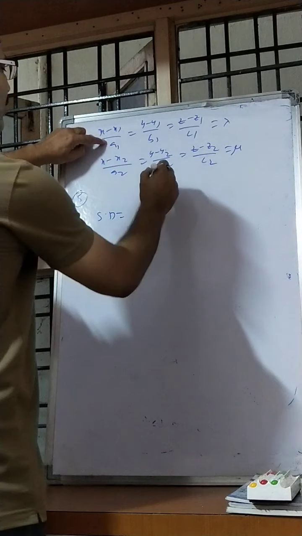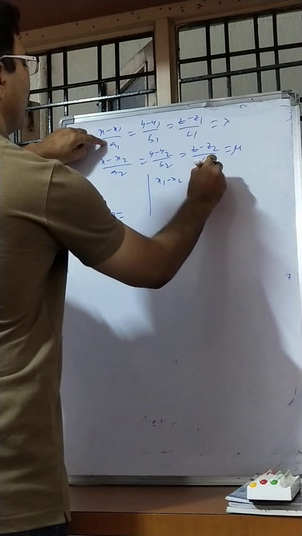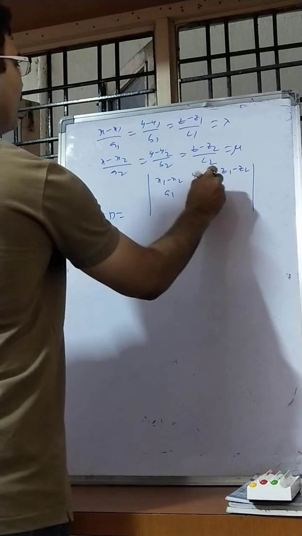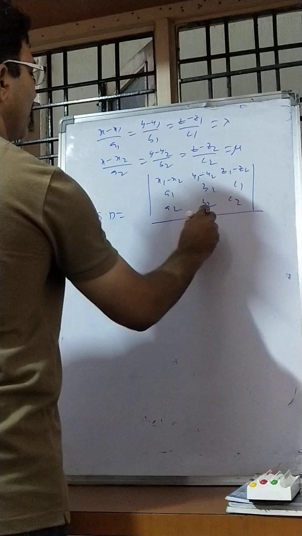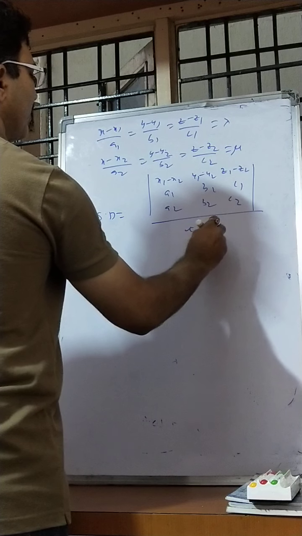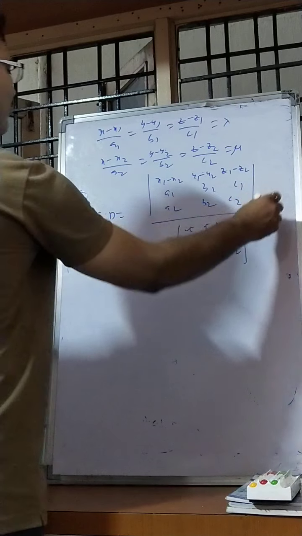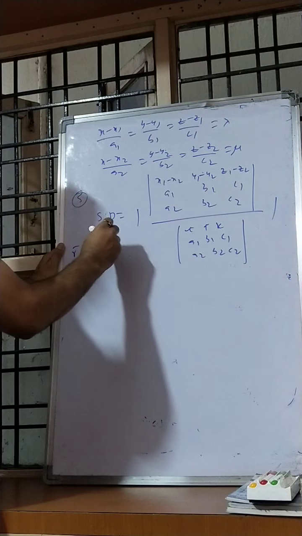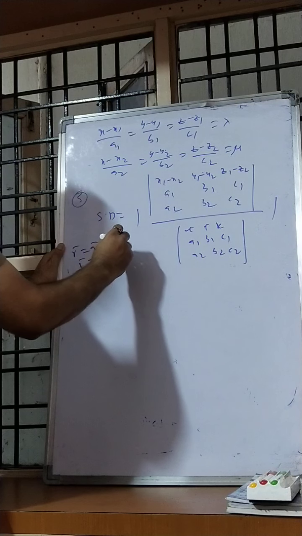You can use this formula: x1 minus x2, y1 minus y2, z1 minus z2, then a1, b1, c1, a2, b2, c2, divided by i j k, a1, b1, c1, a2, b2, c2, like this. You have learned this formula in vector form: r is equal to a bar plus t b bar, r is equal to c bar plus s d bar.